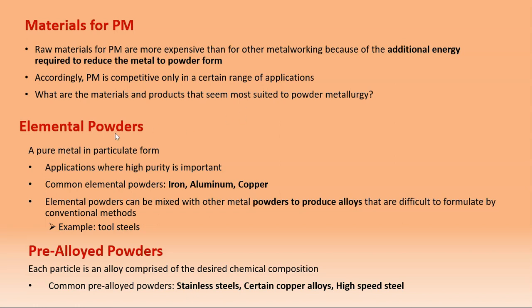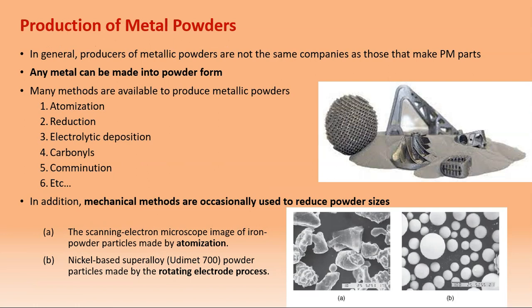Elemental powders must have a high purity and also need to be combined with other metal powder to produce an alloy, for example tool steel. Pre-alloyed powders include stainless steel, certain copper alloys, and high-speed steel. These are very convenient for producing a higher strength type of metal powder.